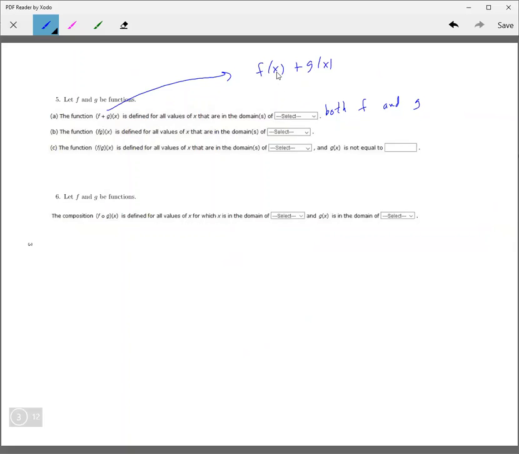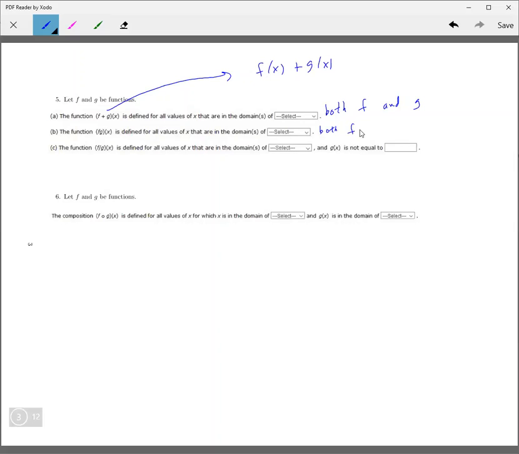So if there's a value of x you can't put into here, then you can't put it into the whole thing, even though you could maybe put it into here. And vice versa. If you can put it into there but you can't put it into here, then you still can't put it into this one. So it doesn't work.